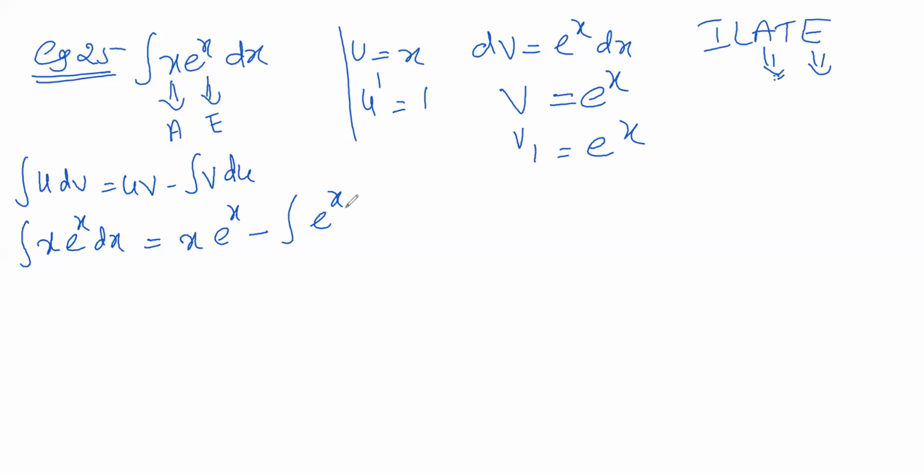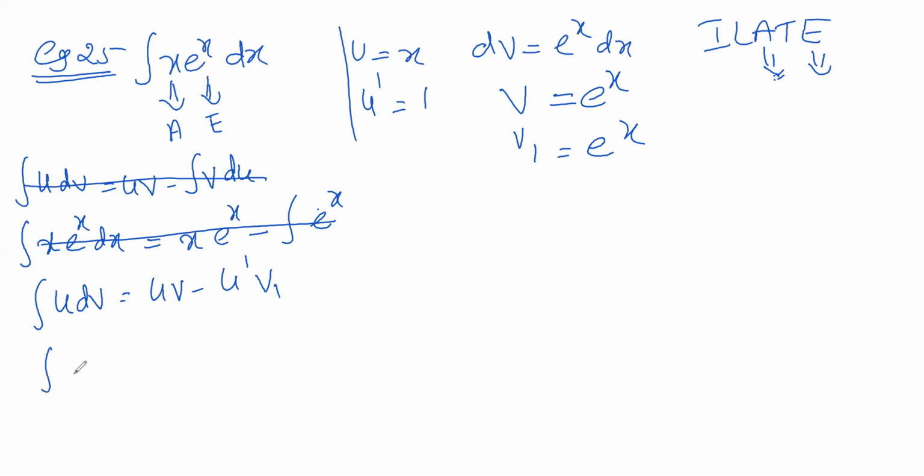And again here we are using Bernoulli's formula. See, integral u dv is equal to uv minus u dash v1.